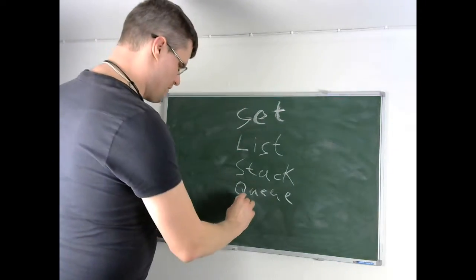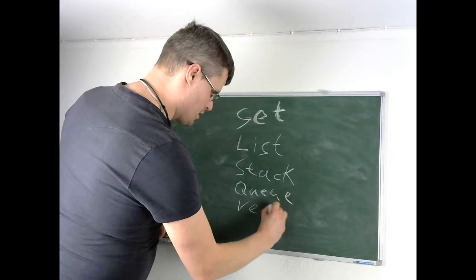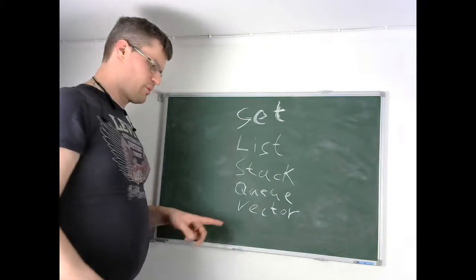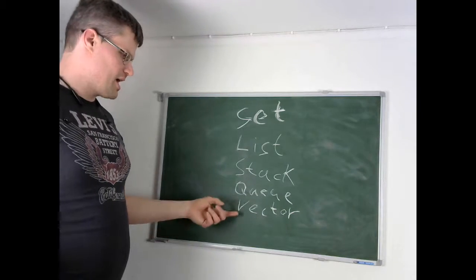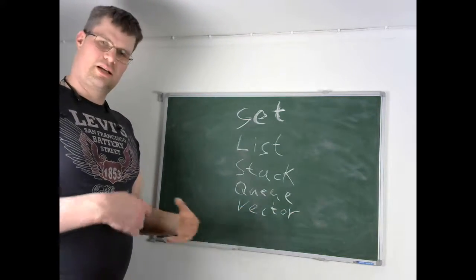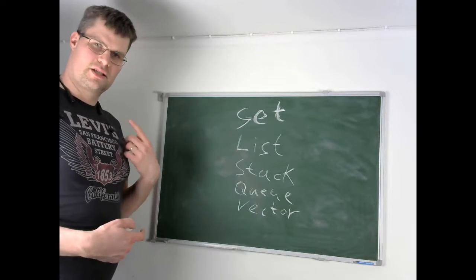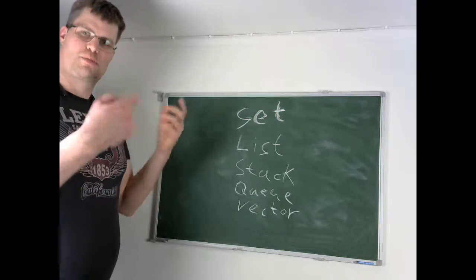And then we have this collection called a vector. And that's pretty much what we had before with the array. You put stuff into the vector, and it works and handles the data exactly like an array. The difference with a vector is that this can expand.